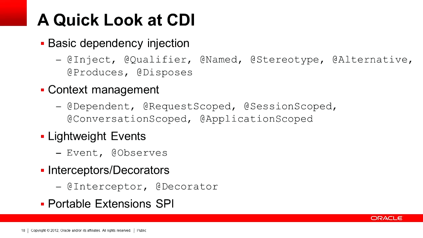Very, very usual stuff. Some scoping management annotations. There's lightweight events. There's interceptors and decorators. And there's a portable extensions API that is very interesting. What this allows you to do is create third-party plugins on top of CDI. So the question is when should you think of CDI in terms of these APIs?